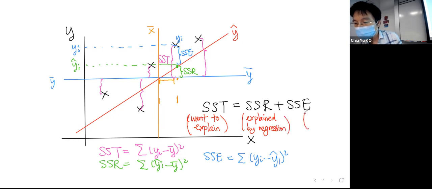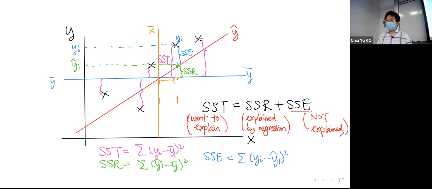The other part is not explained. Okay, so that is the first thing we will see: the thing we want to explain is actually divided into two parts. One part is explained, one part is not. I think that is pretty simple.